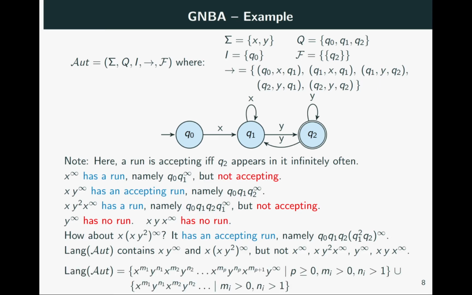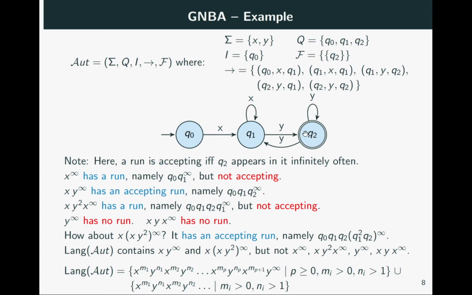One can actually see that there are two types of words that have accepting runs, which allows us to fully describe the accepted language. The first type starts with x and alternates blocks of x with blocks of y for a while.